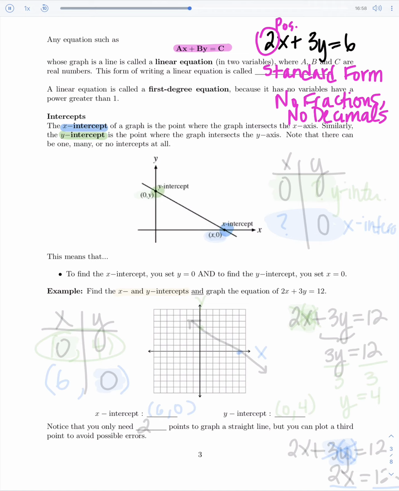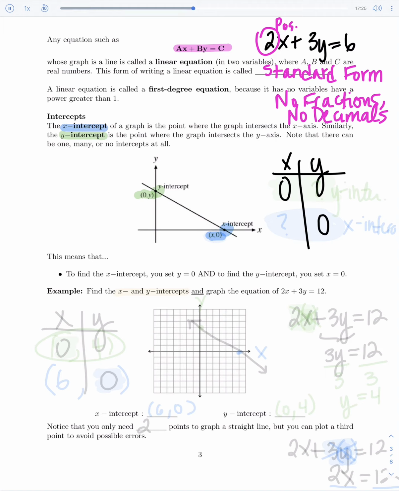They're both points. Notice, though, in their points, for the X-intercept and the Y-intercept, you have a 0 for either X or for Y. So that's how we're going to graph things that are in standard form. We're going to find their X and Y-intercept by making a table of values, and we'll plug in a 0 for X and a 0 for Y. That will find our 2 intercepts.